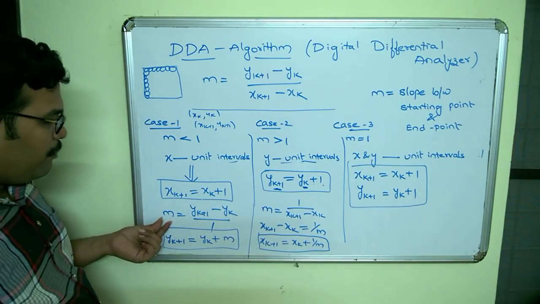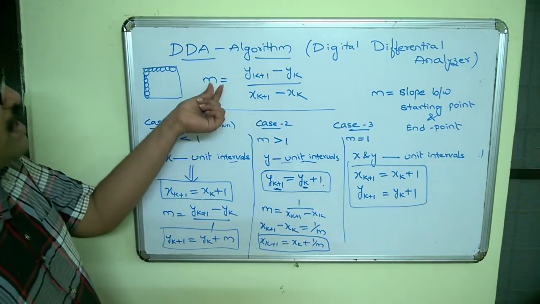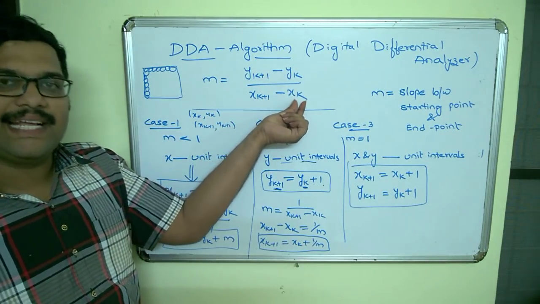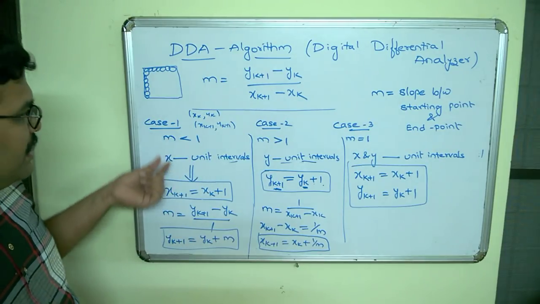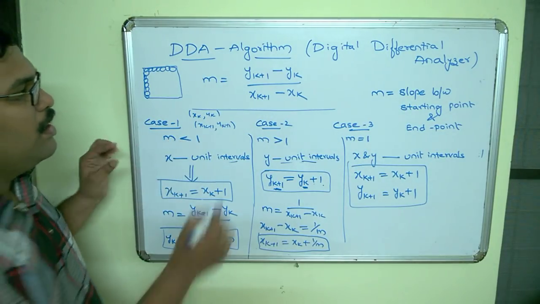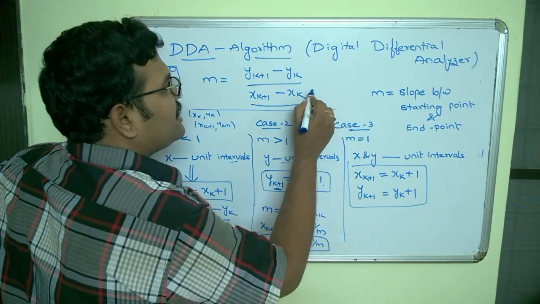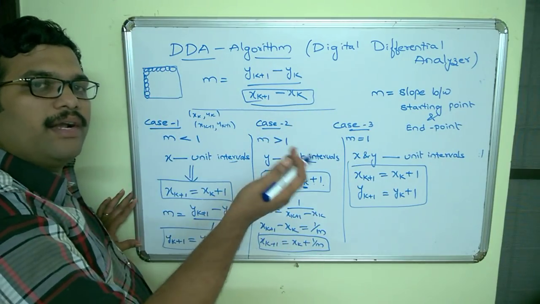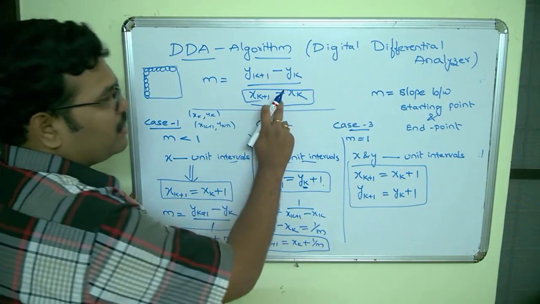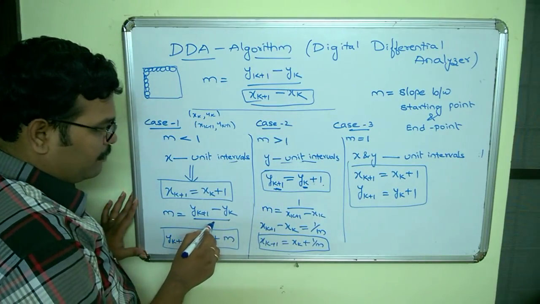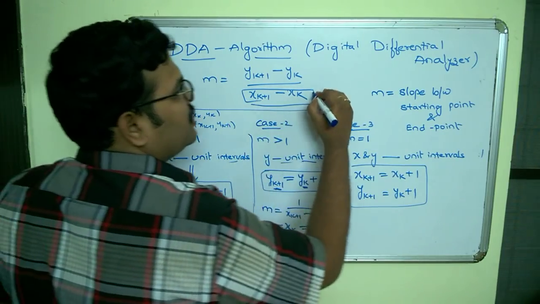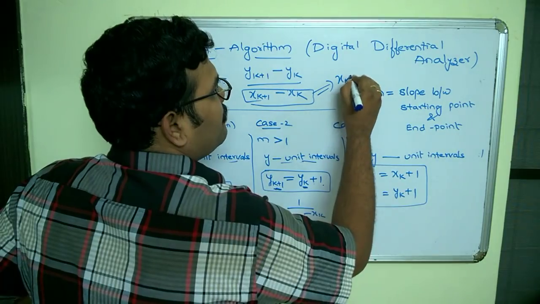So from this formula we have m is equal to yk plus 1 minus yk by xk plus 1 minus xk. Here in this case m less than 1, we know that xk plus 1 minus xk, that means the next coordinate minus the present coordinate, this always will be 1, because we can substitute xk plus 1 as xk plus 1.